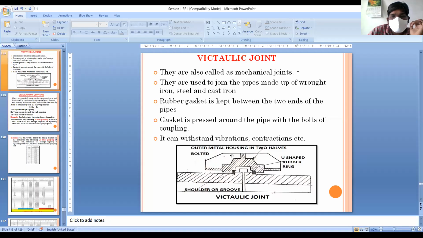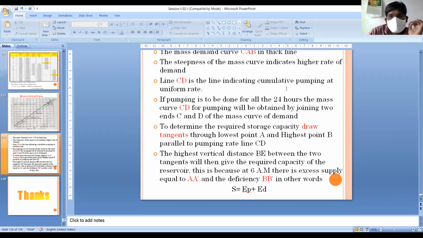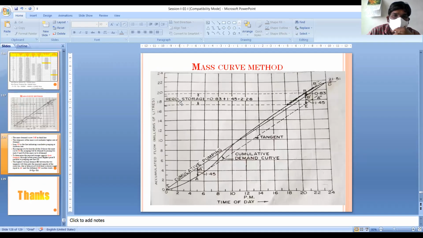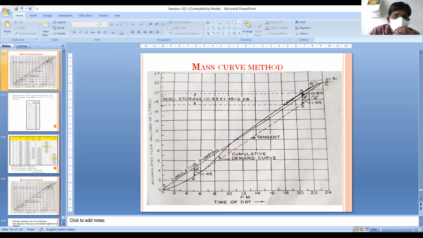See here, the steepness of the mass curve indicates a high rate of demand. Steepness. See here, this is the pumping, excessive pumping, excessive demand, steepness. This is the demand, excessive demand. Actually, what we need is CD, but here the pumping demand is less.